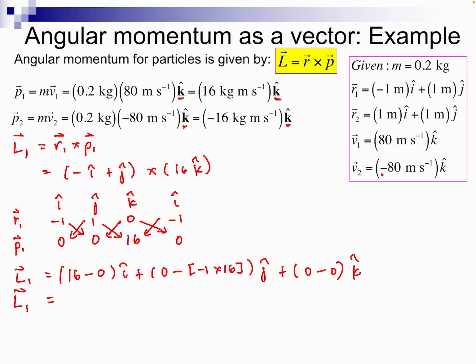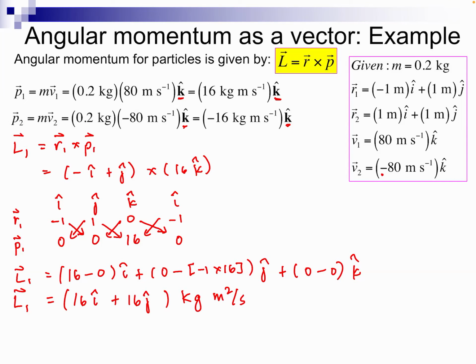The angular momentum will therefore be 16 i hat plus 16 j hat. For the j hat component, the negative signs multiply each other out. The unit for angular momentum is kilogram meter squared per second.